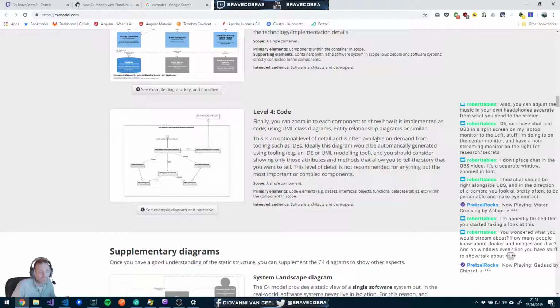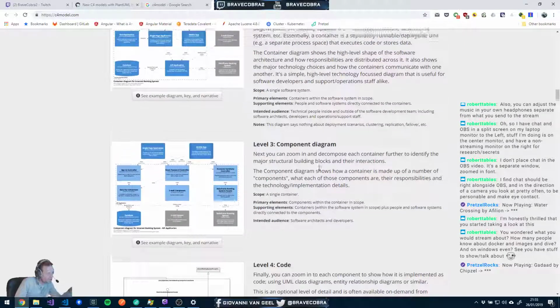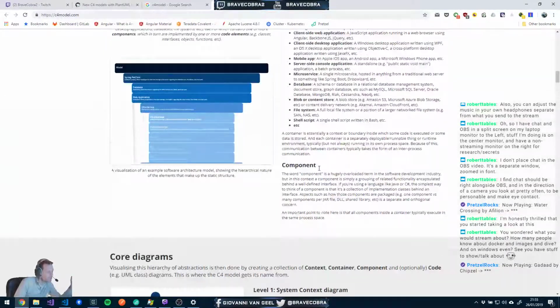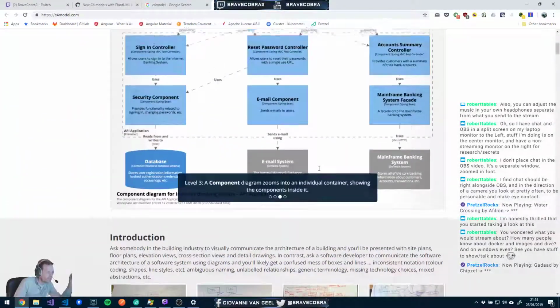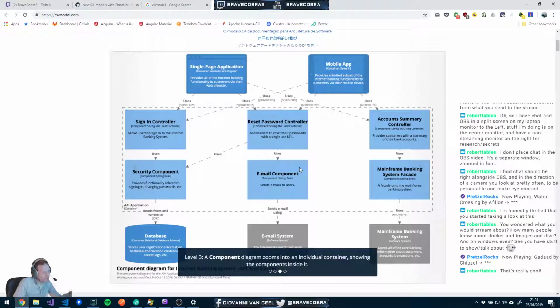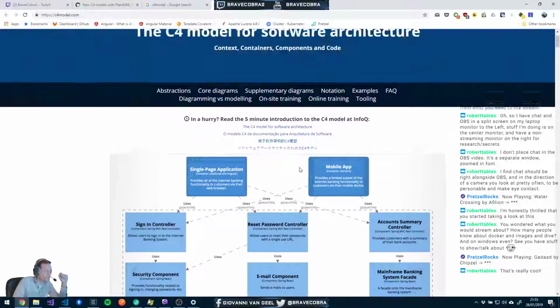So, okay, so that was one thing that I wanted to show up. This is the architecture in C4 language. Now the thing is, it would be nice if you would have some software that would generate these kind of graphs.